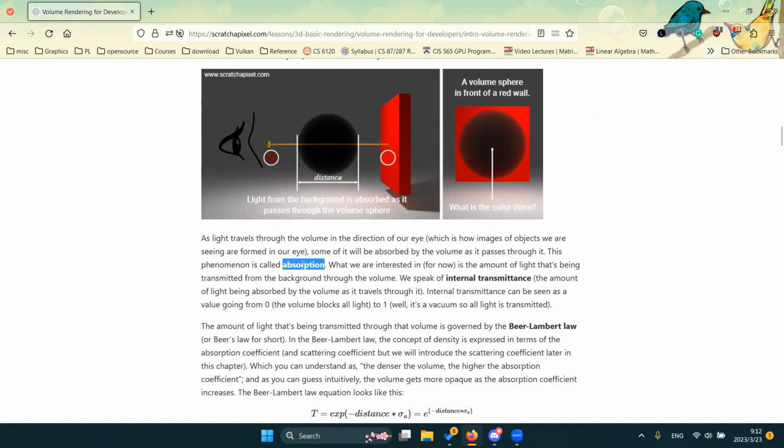So some light will be absorbed. And we are interested in how much light gets transmitted. We speak of this internal transmittance, which is the amount of light being absorbed by the volume as it travels through. I think this is wrong.